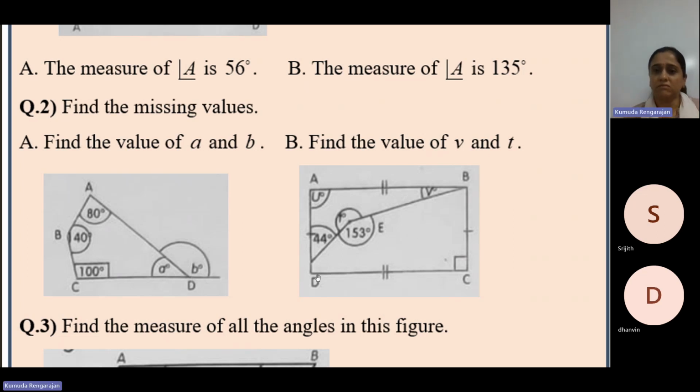44. Yeah? How? No, you may be right. I'm just asking you how you found.